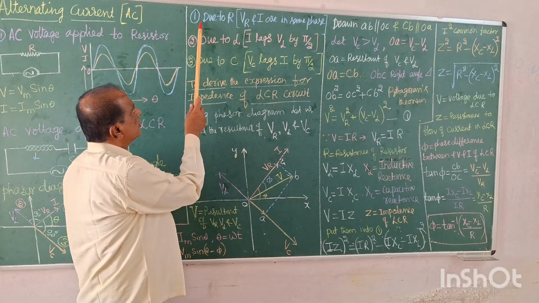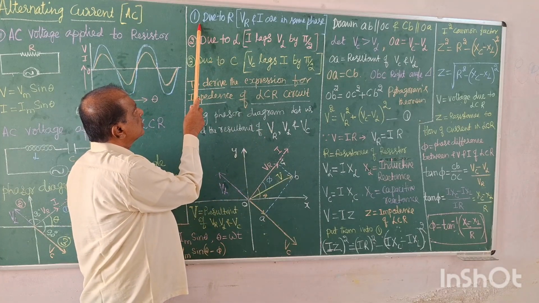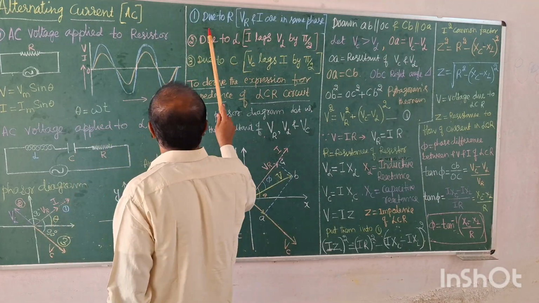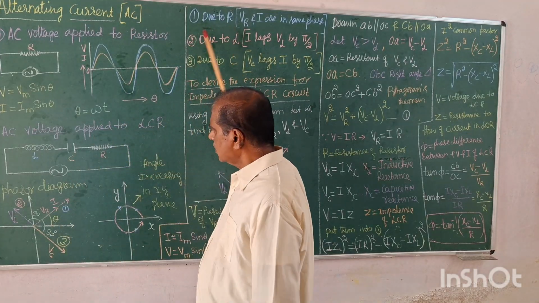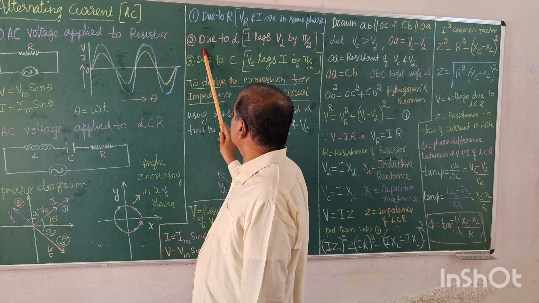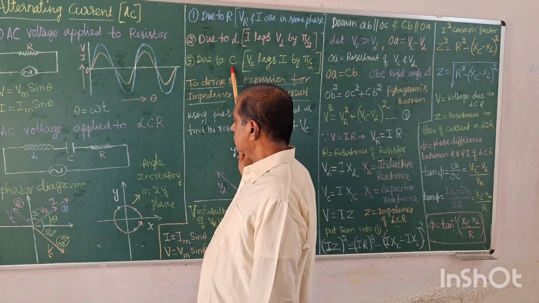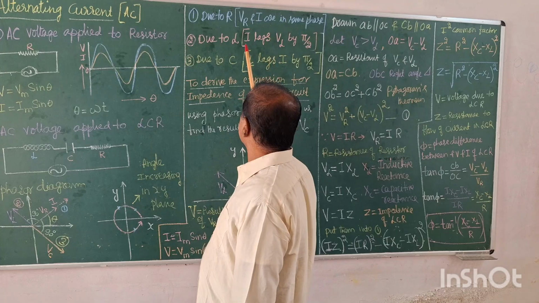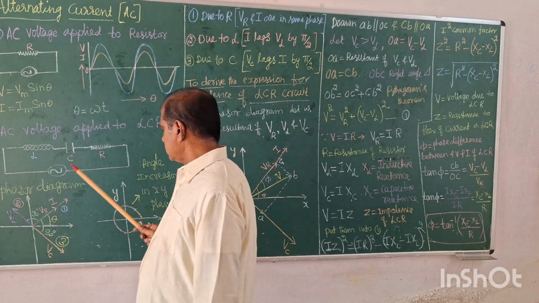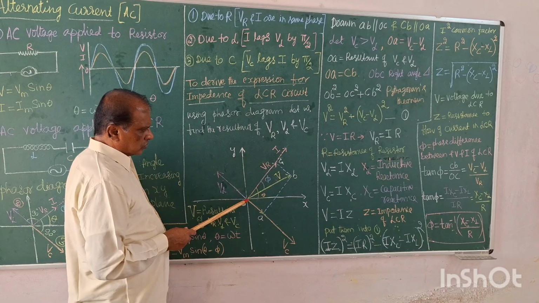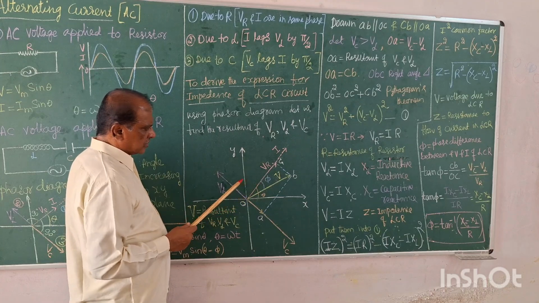So this is what I have written. This line represents the voltage due to R, this line is due to L, and this line is due to C. And see what the phase angle difference is.